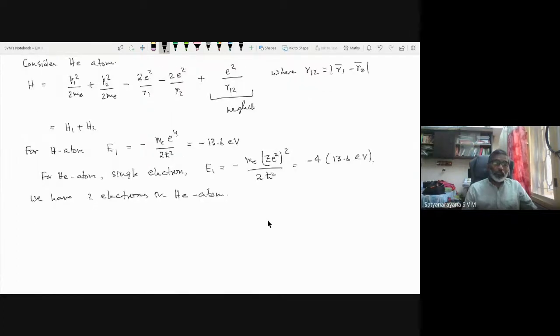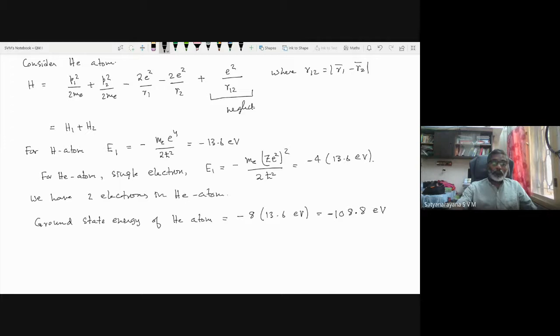So the ground state energy of helium atom will be, this is for 1 electron, for 2 electrons it is double of this one, so minus 8 into 13.6 electron volt, so minus 108.8 electron volts.